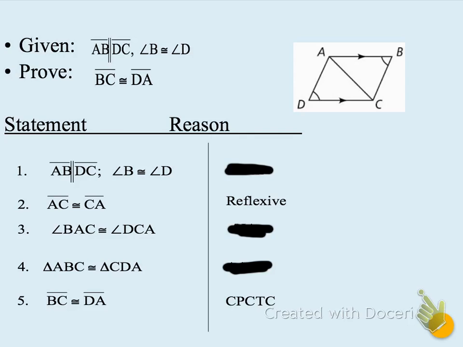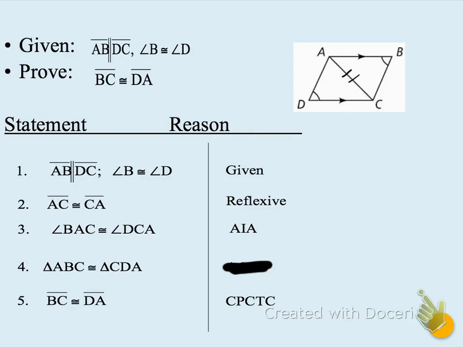Okay, so we got AB is parallel to DC, and angle B is congruent to angle D. So we start with our given. We know again that this, since they share it, is going to be congruent. So segment AC is congruent to segment CA by the reflexive property.